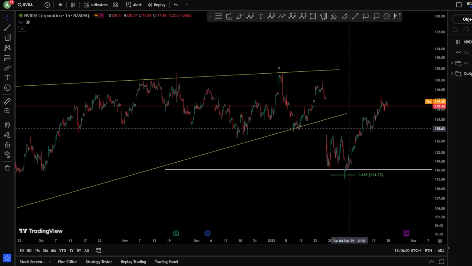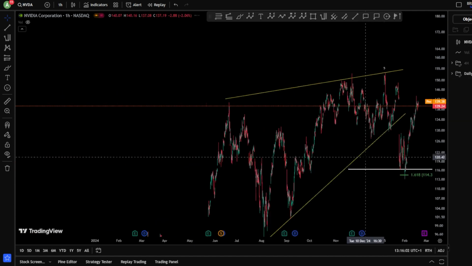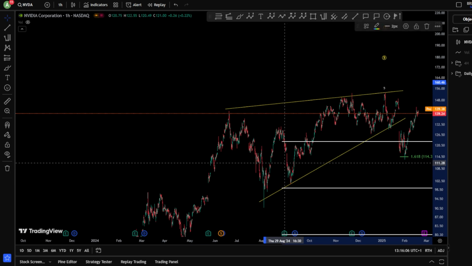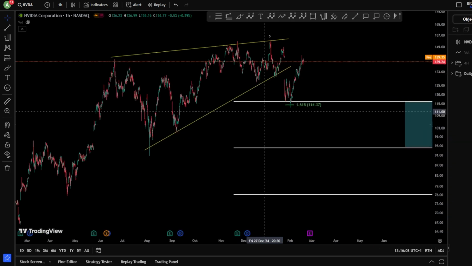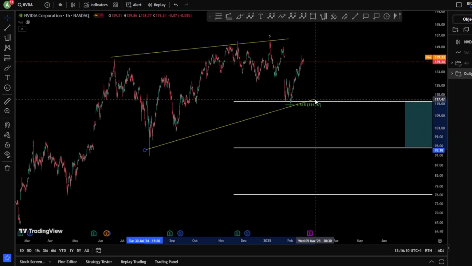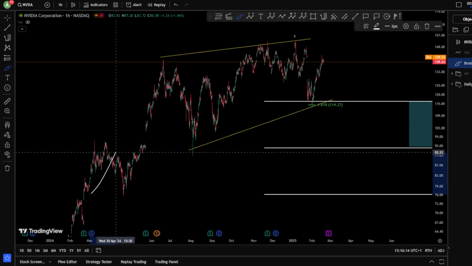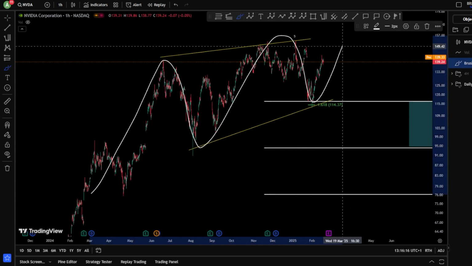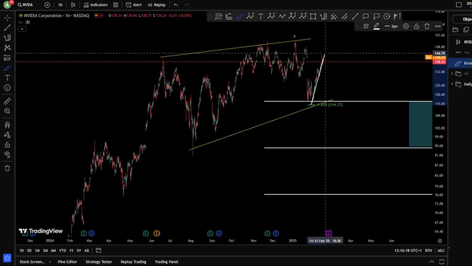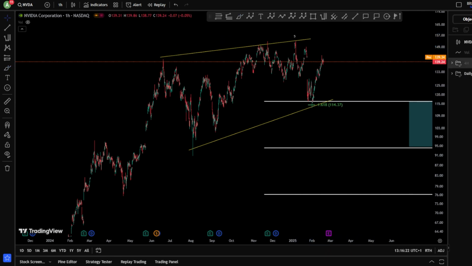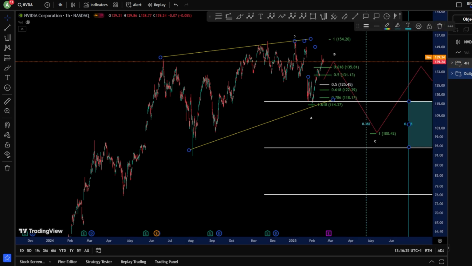So if this is a finished correction and it still belongs to this area, it is very possible, guys, that we are extending our leading diagonal here, finishing as 1, 2, 3, 4 and a 5. Your wave 5 might be an impulse towards the upside. So we have to be careful with it. It might be very critical here.